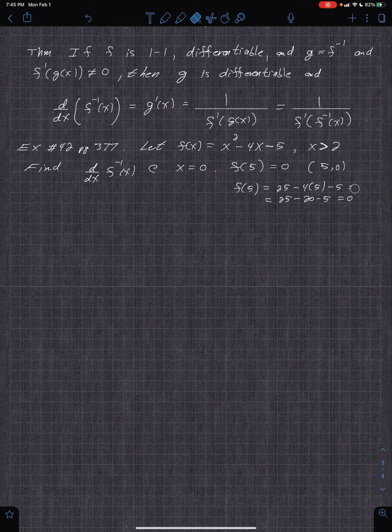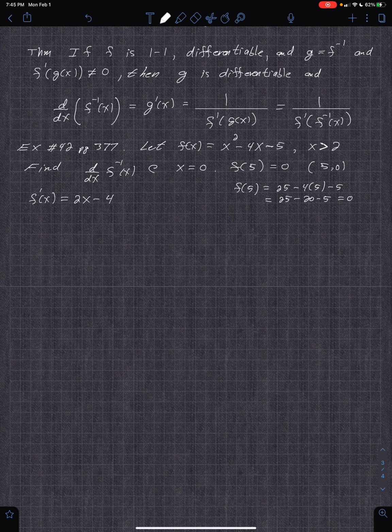Okay, so just to verify that. I think that was given. Anyway, yeah, I think it was. So let's do the derivative. So this lets us know, at 0, we know the inverse value. That's the key. So in the way we're doing this, you don't actually have to find the inverse. That's what's kind of cool about it. So we've got to find f prime, though. So f prime of x is equal to 2x minus 4.